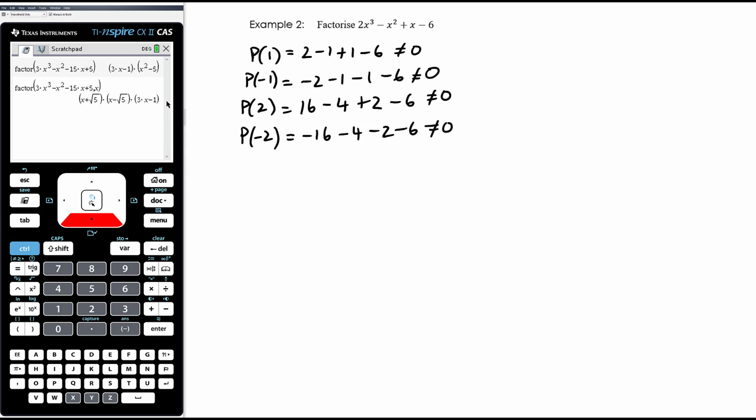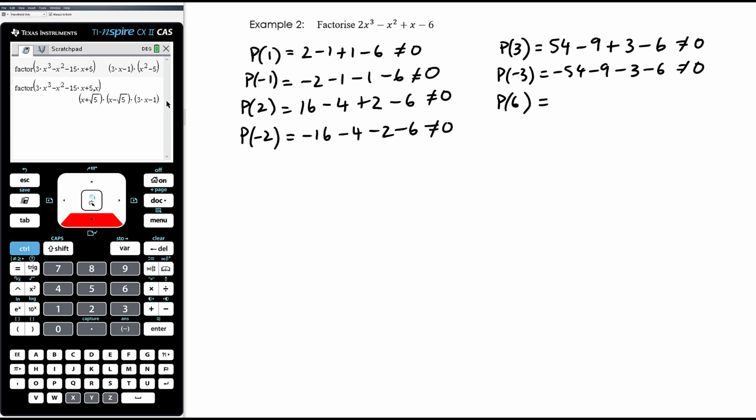So I can pretty much rule out that it's going to be anything negative, because whenever I sub in a negative value, all 4 terms are going to be negative, so it's not going to equal 0. P of 3, 3 cubed is 27, times 2 is 54, minus 9, plus 3 minus 6. Again, the positive 57 is not outweighed by the negative 15, so not 0. P of negative 3 would be negative 54 minus 9 minus 3 minus 6, so not 0.